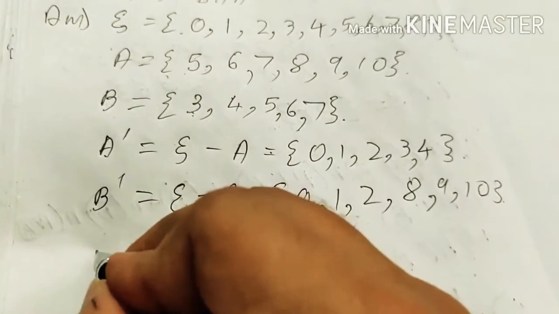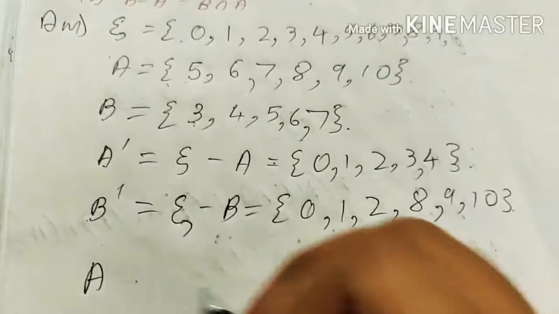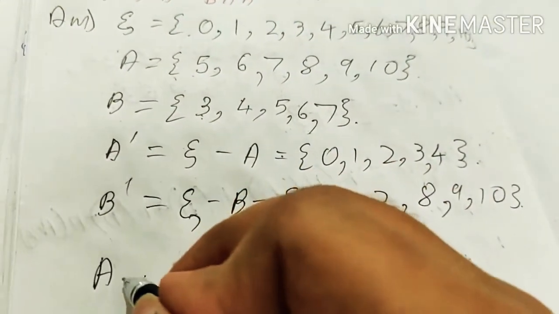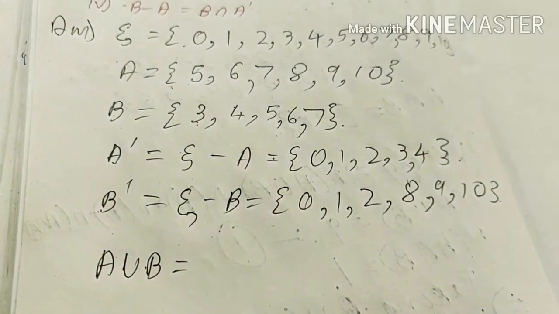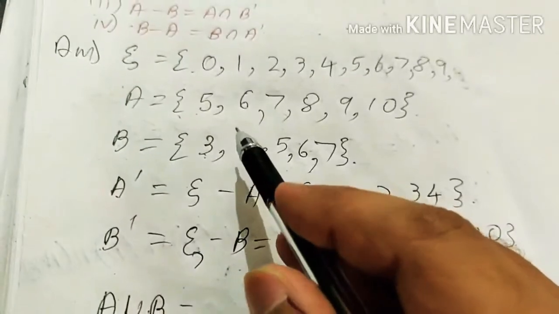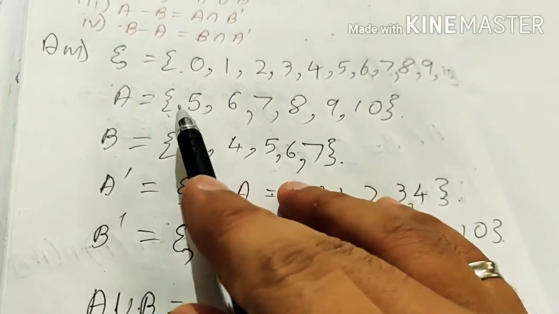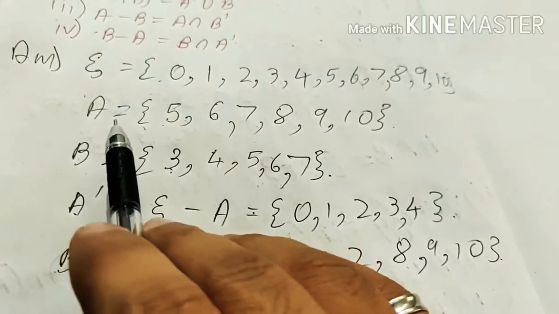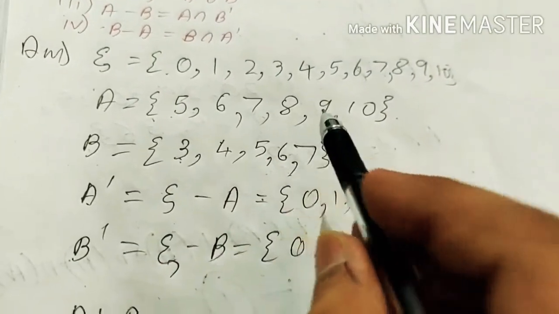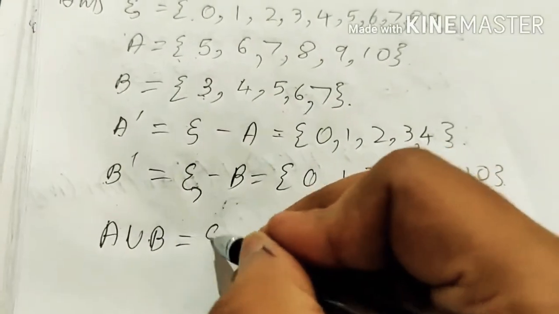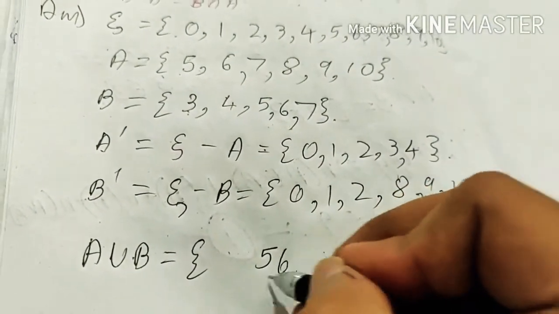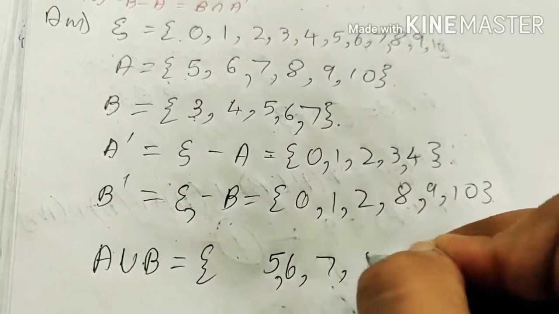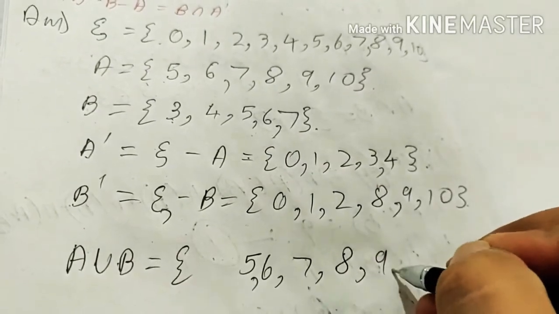So what next will we do? We will find A union B. Here A union B is equal to, including both sets, we will first write set A here, that belongs to 5, 6, 7, 8, 9 and 10.